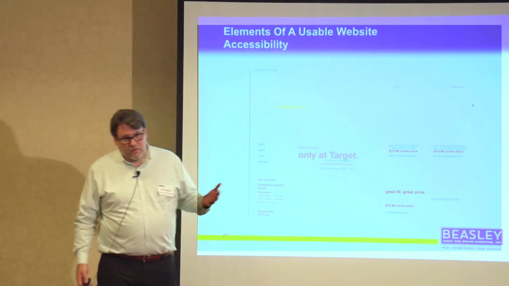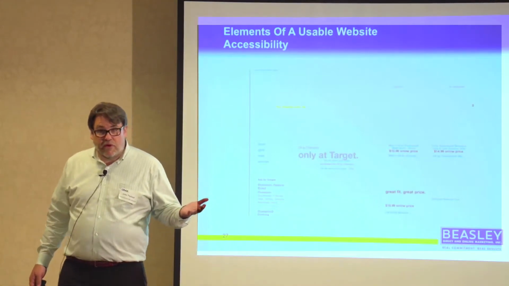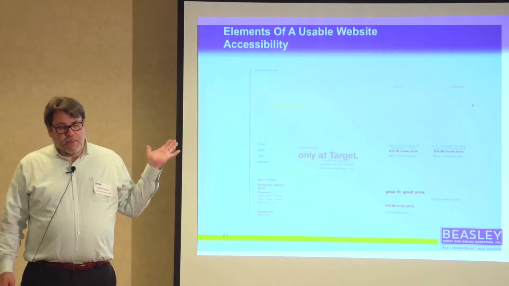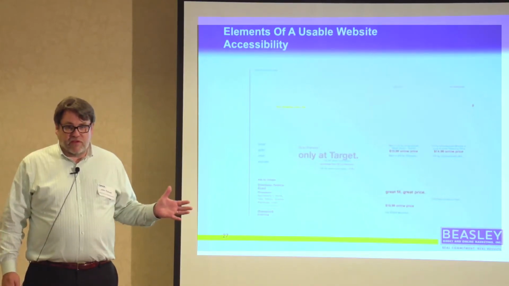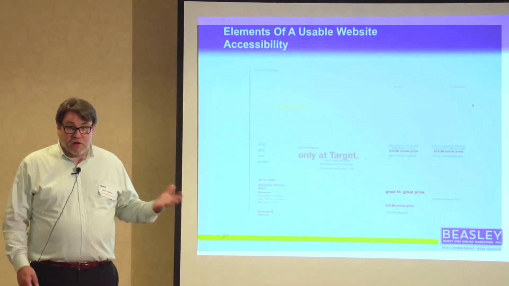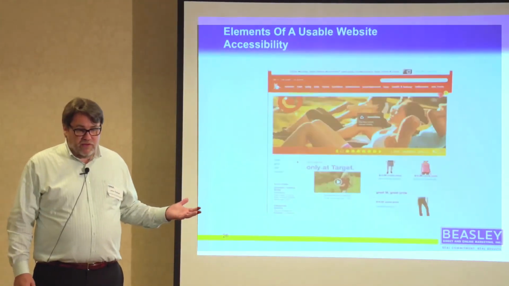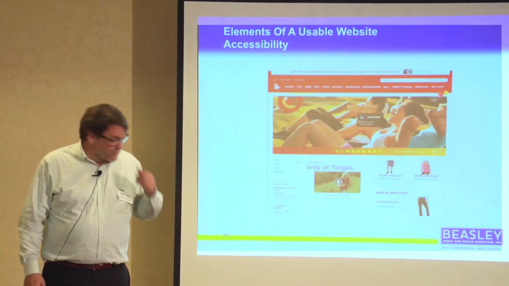It doesn't look great to us right now, but if we had a text-to-speech reader, it goes through very clearly. It's well organized for the text-to-speech. You have alt text behind the images. All in all, it works pretty well. It's accessible, this versus that.